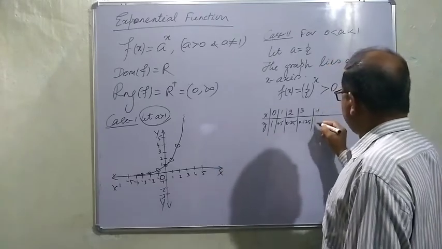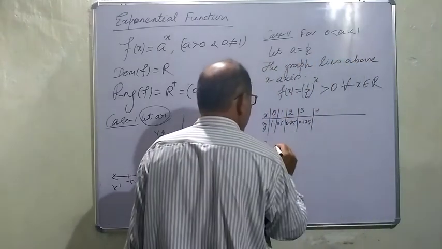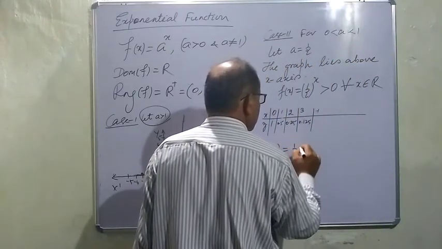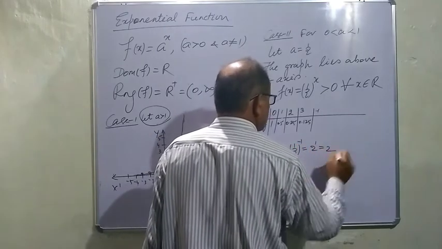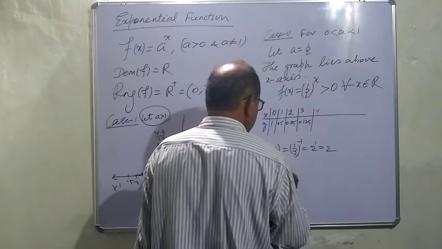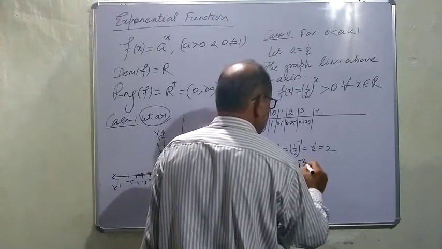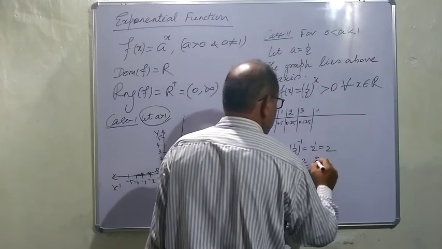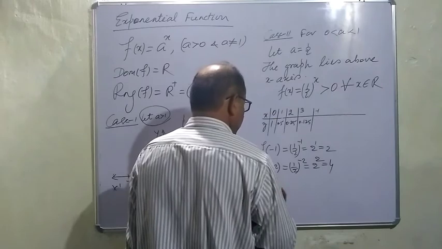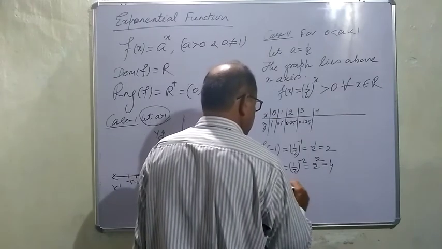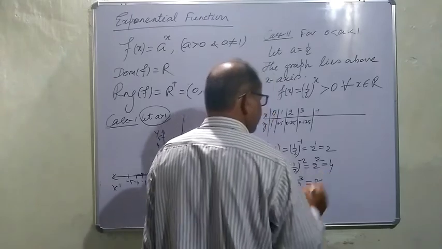Say minus 1, f of minus 1, that is half to the power minus 1, that is 2 to the power 1, that is 2. f of minus 2, that is 1 by 2 to the power minus 2, that is 2 to the power 2, that is 4. f of minus 3, that is 2 to the power 3, that is 8.